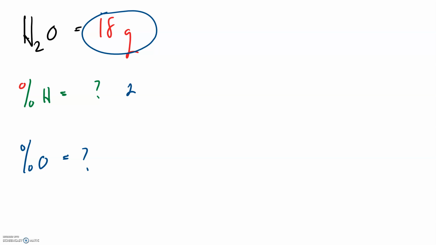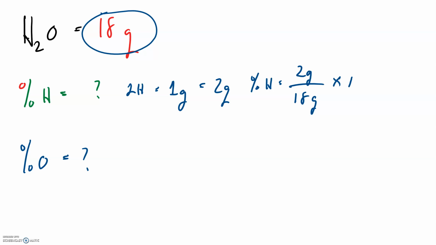We know we have 2 hydrogens and they're each 1 gram, so that's a total of 2 grams. What percentage of hydrogen is 2 grams of our total 18? We're simply going to divide 2 grams by 18 and we'll multiply by 100.